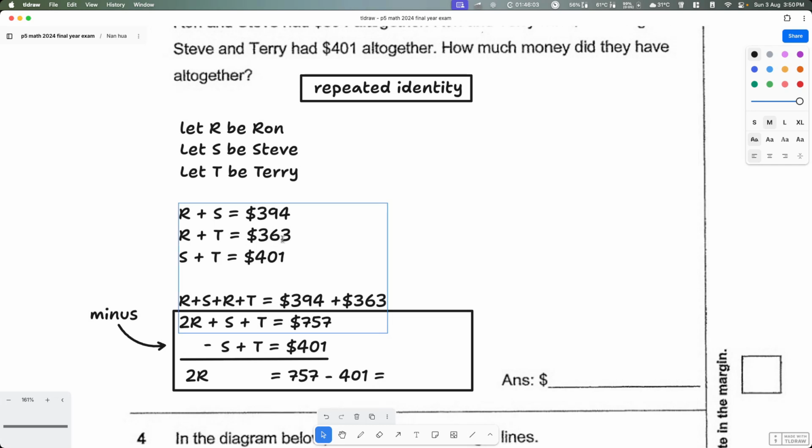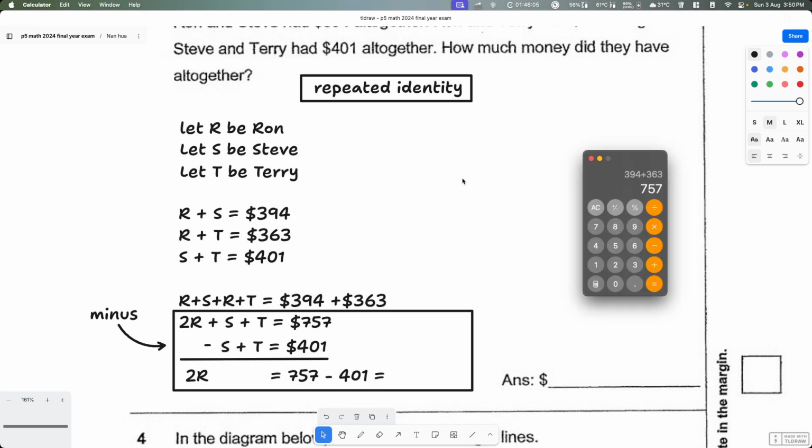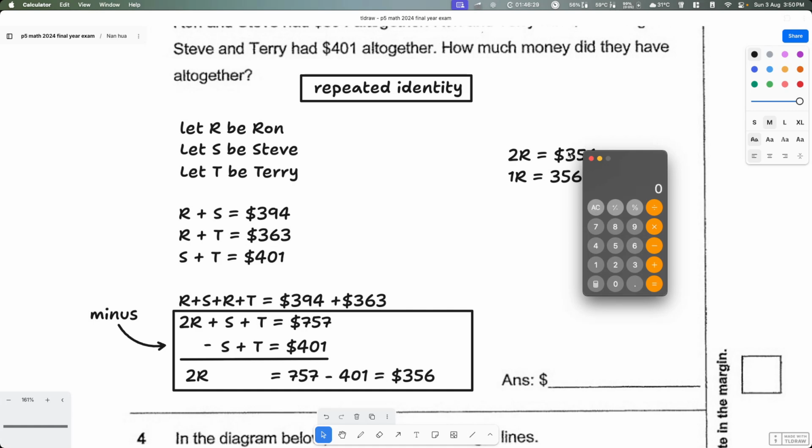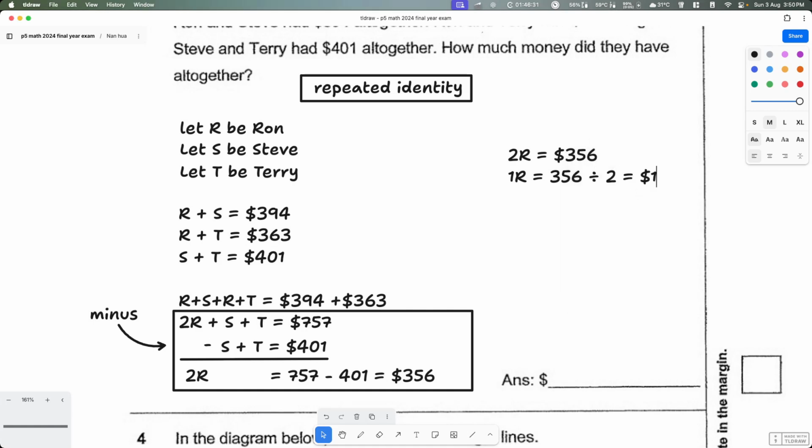Okay, 757 minus 401 is equal to $356. So from here, 2R is equal to $356. And then 1R is equal to 356 divided by 2, which will give us $178.